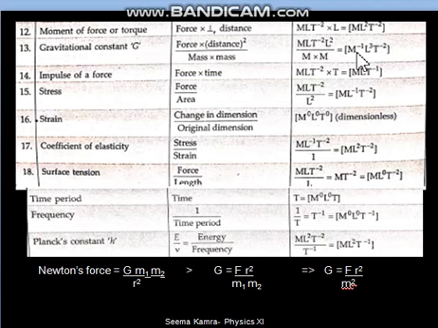So it will become M power minus 1. L power, finally it will become 1 here, 2 here, so L power 3, and T power minus 2. So this way the gravitational constant dimensional formula is M power minus 1, L power 3, T power minus 2.